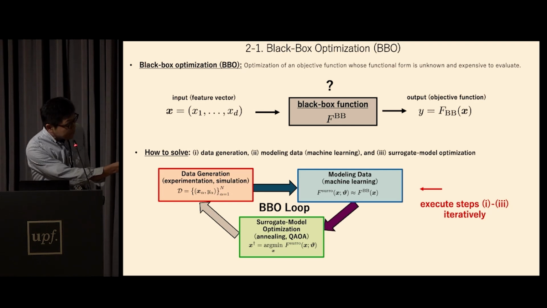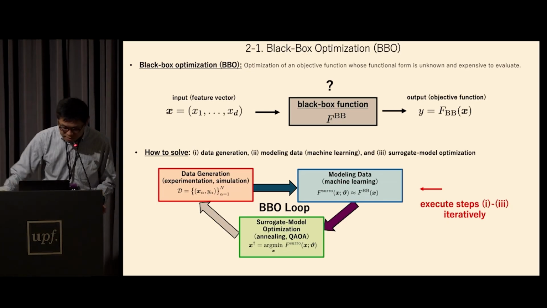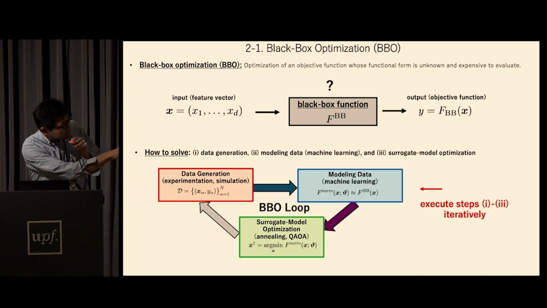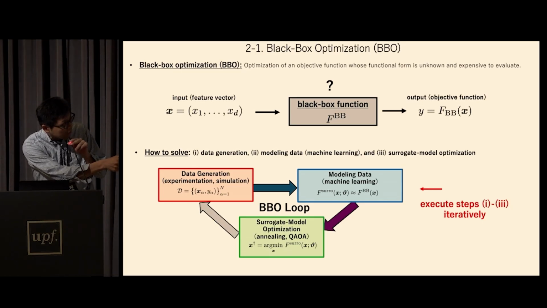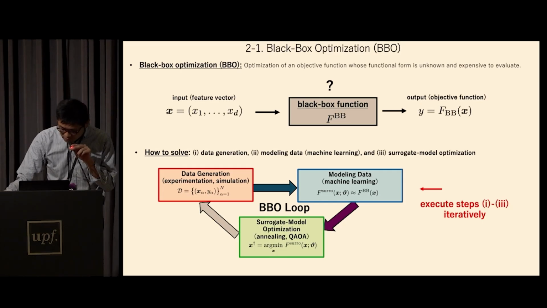And second, the modeling data. And this is done by using this data set at hand and running some sort of machine learning algorithm to construct a model function. And this model function is also called a surrogate model.